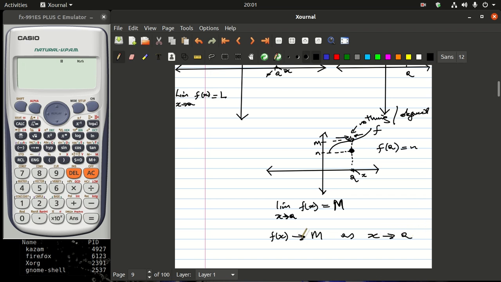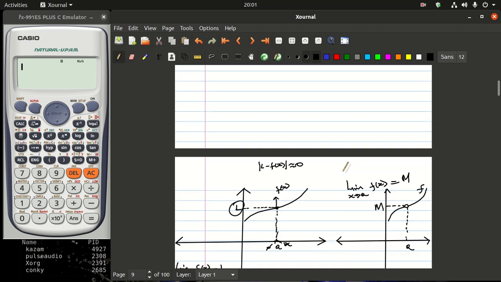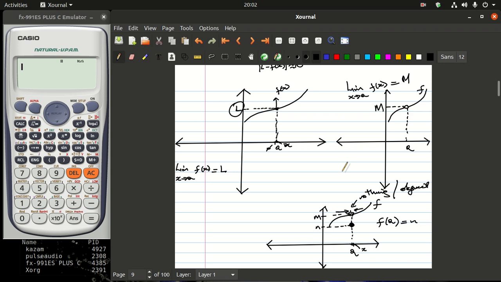So this means approaches, and that's what we usually mean by a limit. As I keep approaching a from both sides, what is the output that I keep getting closer and closer to?